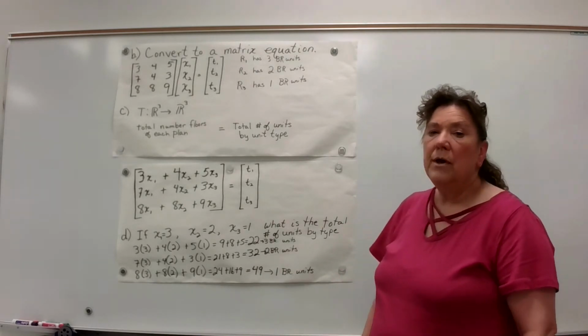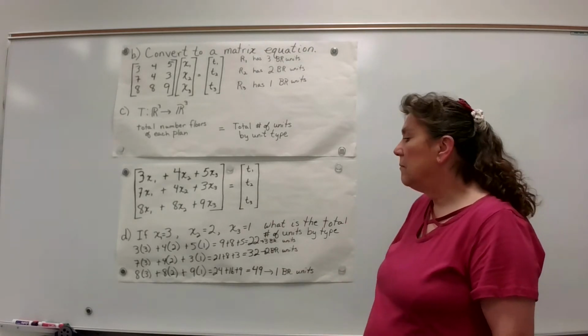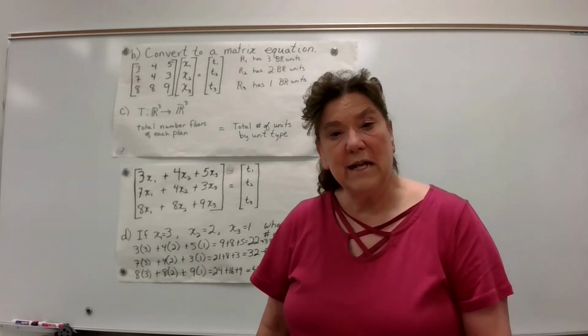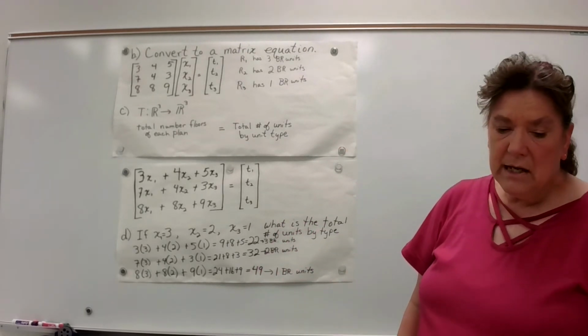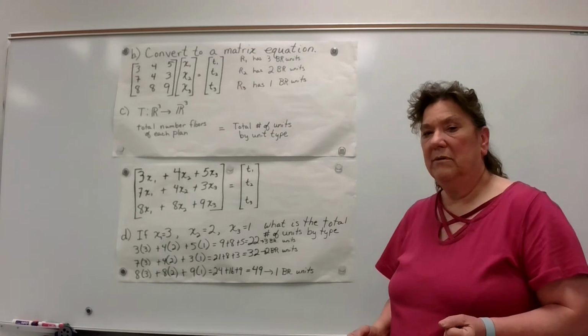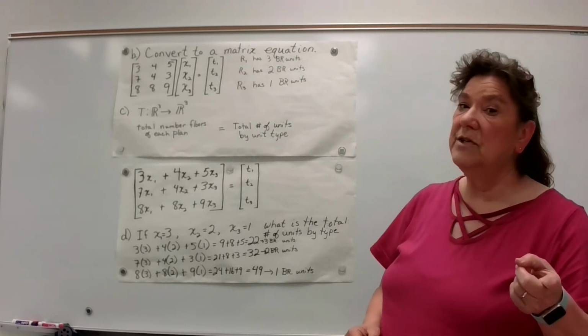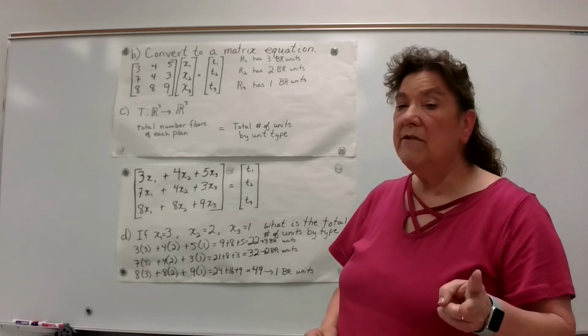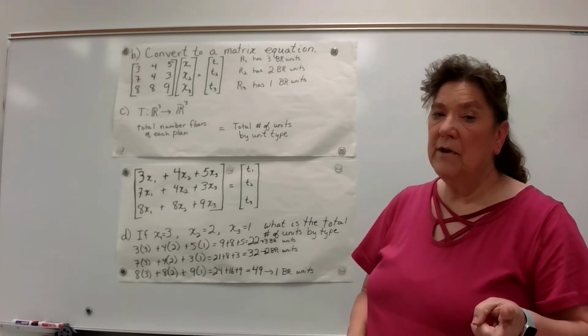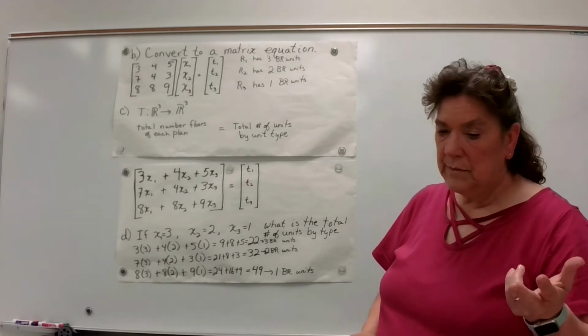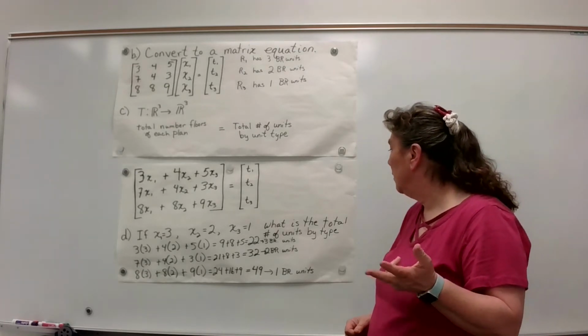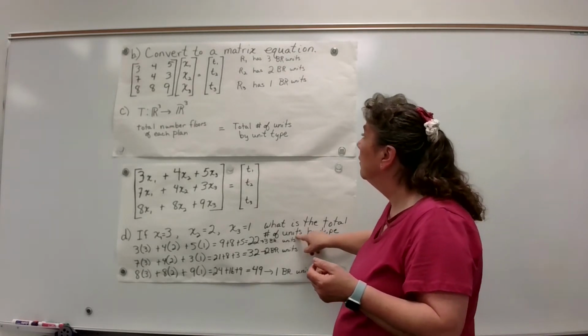So now, our next step, our E, is the long step. And E says, is it possible to have 66 units of T1, 74 units of T2, and so on.